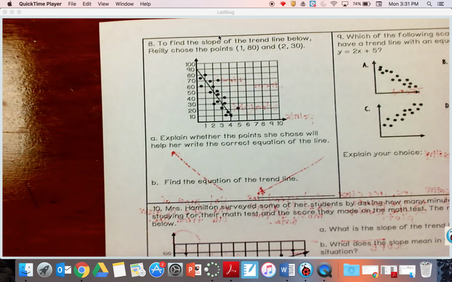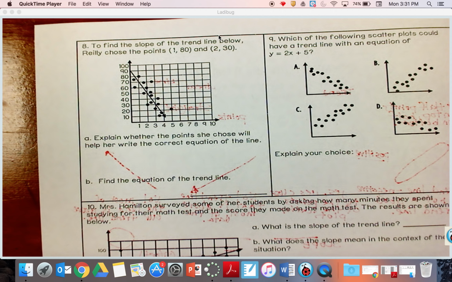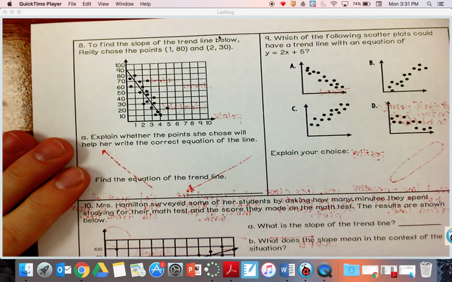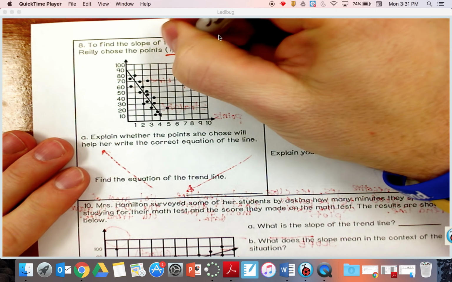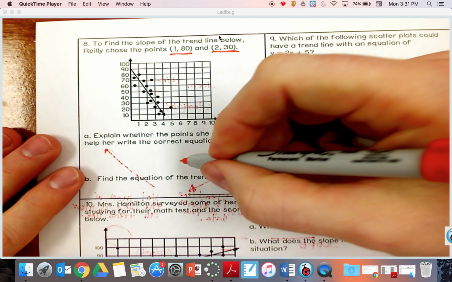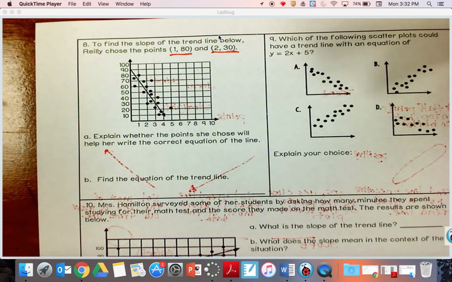If I look at the next one here on the back, I've got number 8. Number 8 says that this student, Riley, was trying to find the equation of this trend line right here. She chose the points 180 and 230. Would those be correct points to choose to find the equation of the trend line?